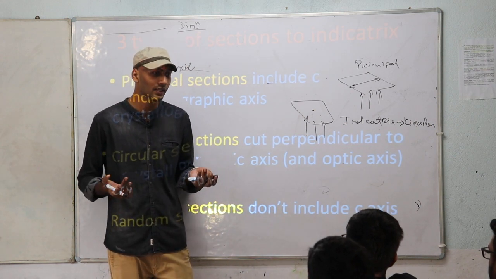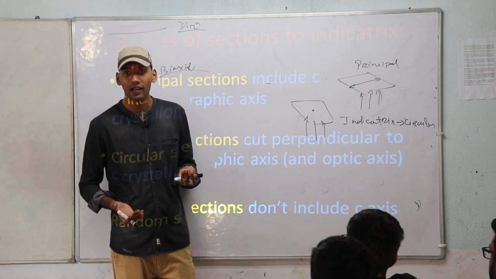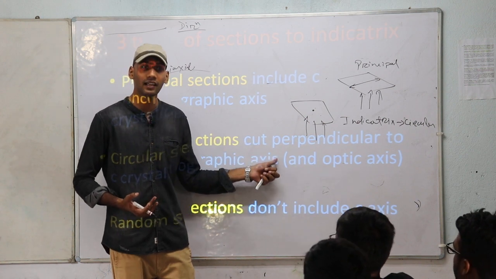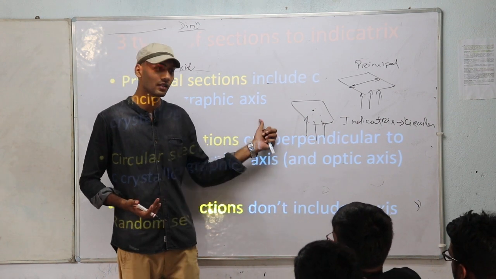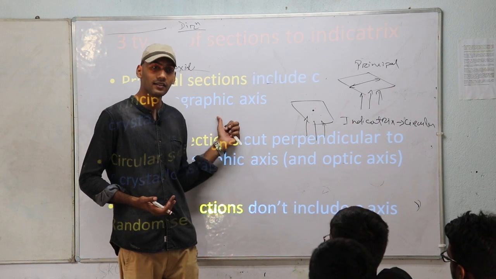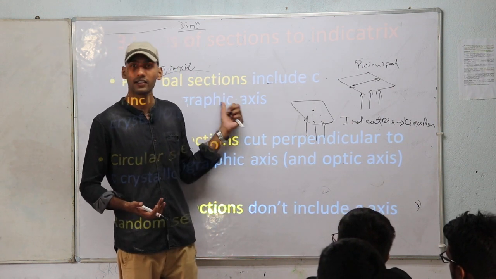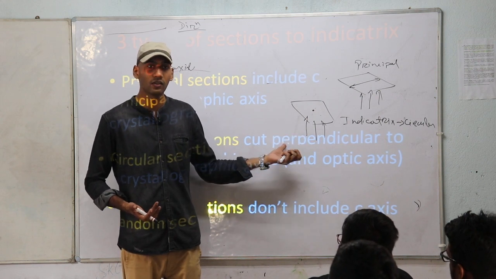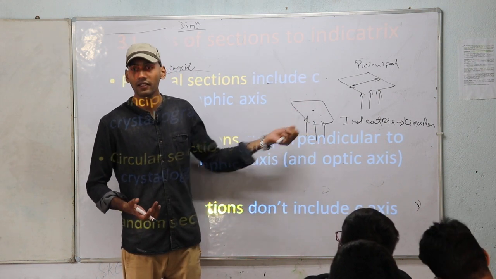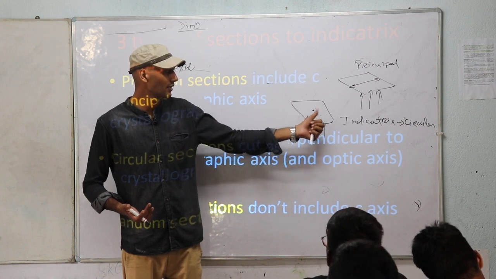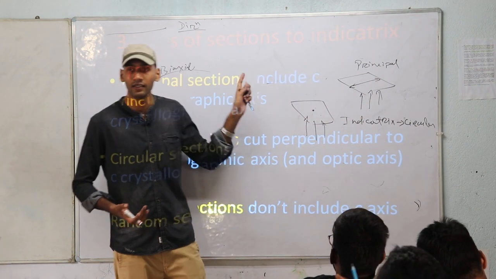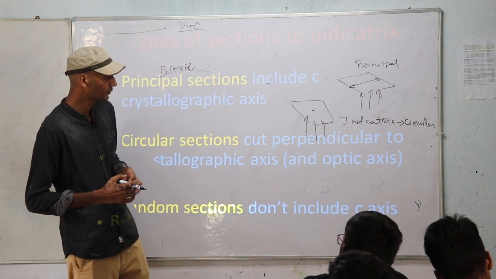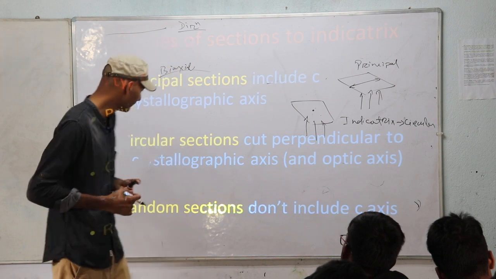But the logic is this: zircon is tetragonal, that is uniaxial. Basal section is isotropic. That means the basal section is showing a circular indicatrix. So you will get no interference color. You will get extinction. So the questions can be like this.